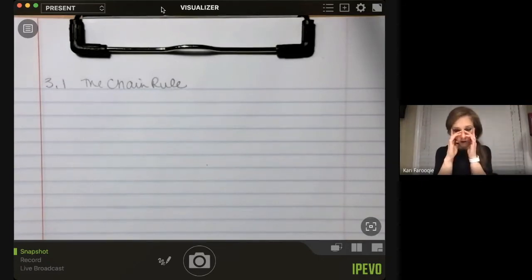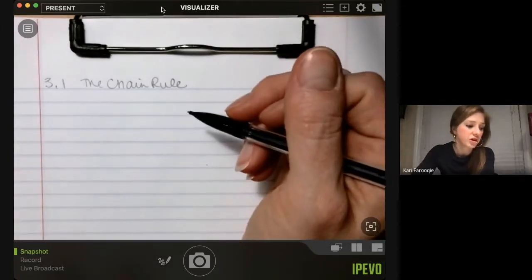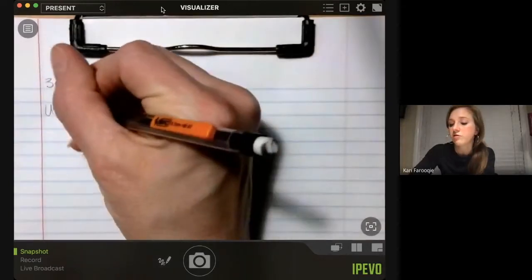In order to talk about taking derivatives for composite functions or using the chain rule, it's really important that we understand when we need to use it. So first of all, I'm going to say that the chain rule is used to differentiate composite functions.